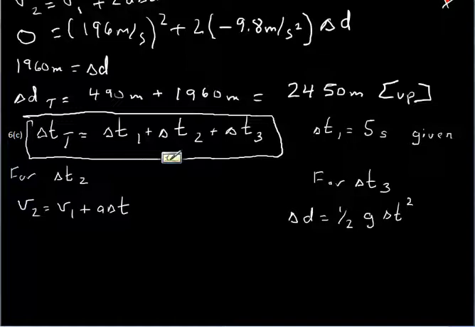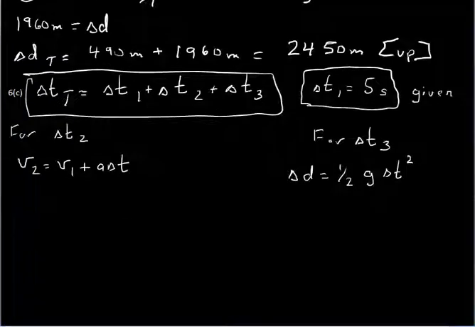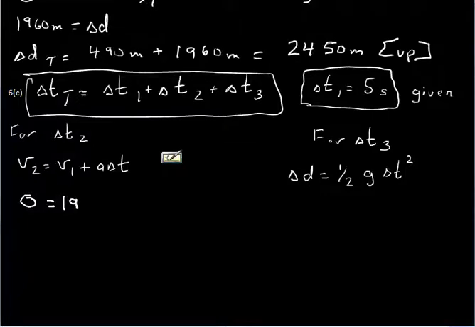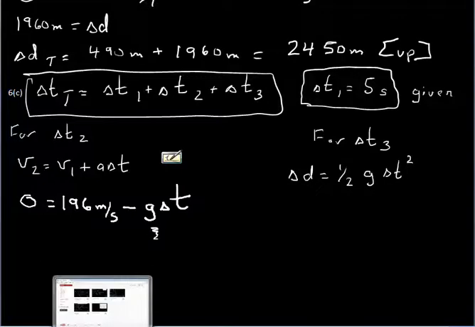Now, we are given the first part's 5 seconds. Okay? So that's a given. For the second part, we can solve for it. We know that at the top it's 0. We know that we were going 196 meters per second. We do know that the acceleration here is gravity.